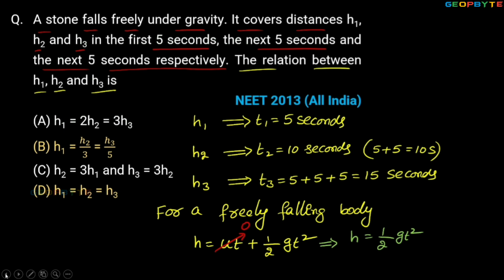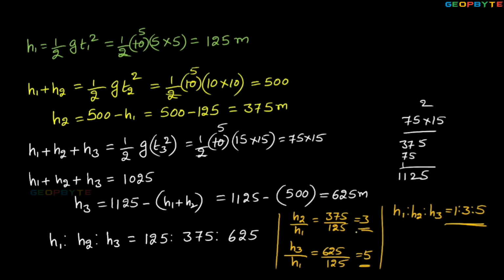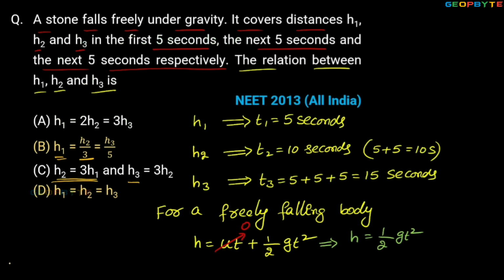H2 equal to 3 h1, H3 equal to 5 h1, otherwise h1 equal to h2 by 3, correct. And h1 equal to h3 by 5. Yes, option B is absolutely correct.